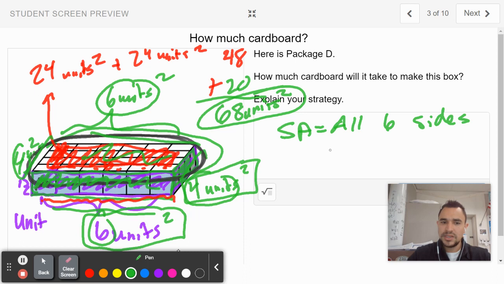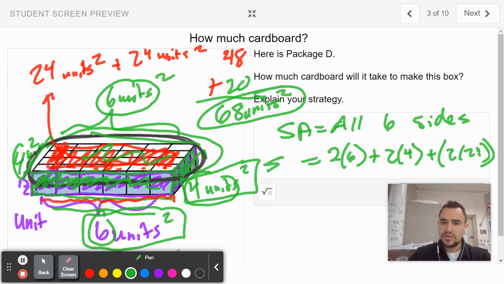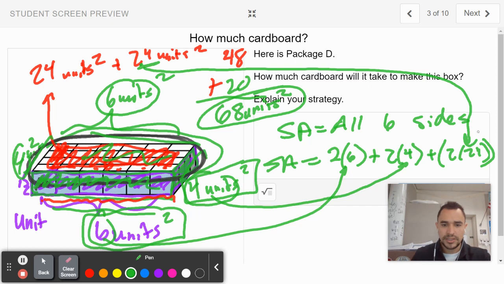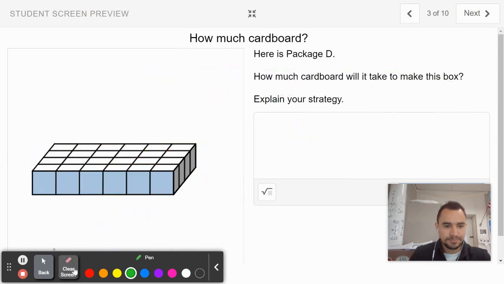And so it's going to be 2 times the 6 plus 2 times the 4 plus 2 times the 24. All right, and you add that up, surface area. So here's the 6, here's the 4, there's 2 sides of it, and then here is the 24. And we just add it all up. All right, that's what I think.